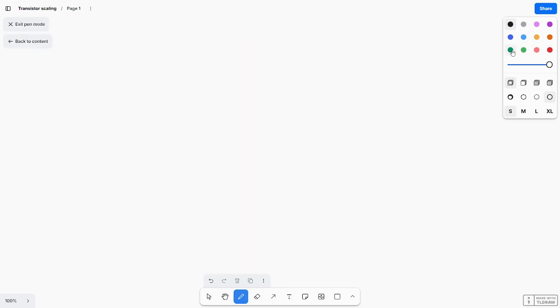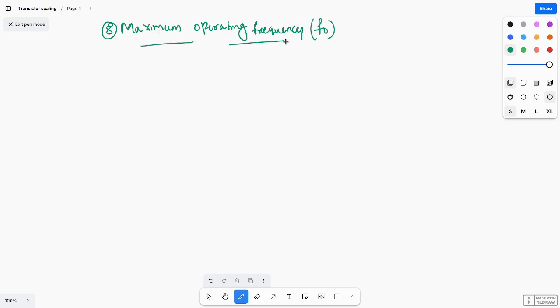Okay, and next you see maximum operating frequency. Maximum operating frequency is F0. You know that frequency and time are reciprocal, no?